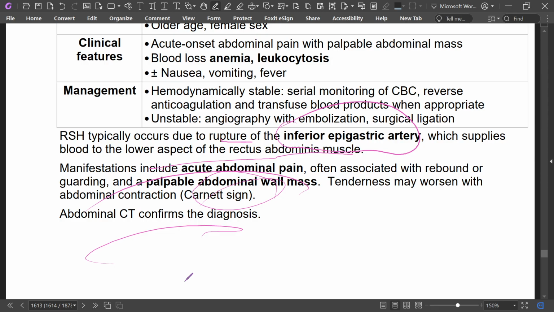If this artery is injured, it may cause rectus sheath hematoma. It may present with abdominal pain, palpable abdominal wall mass, and tenderness. Tenderness may worsen with abdominal contraction.